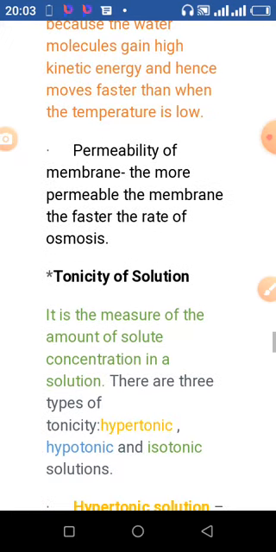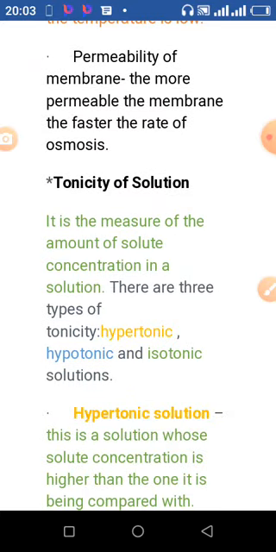And permeability of the membrane: how permeable the membrane is determines how fast osmosis will occur. If the density of the semi-permeable membrane is very high, osmosis will take a very long time to happen, but if the density is low, water can pass through easily and osmosis can occur.